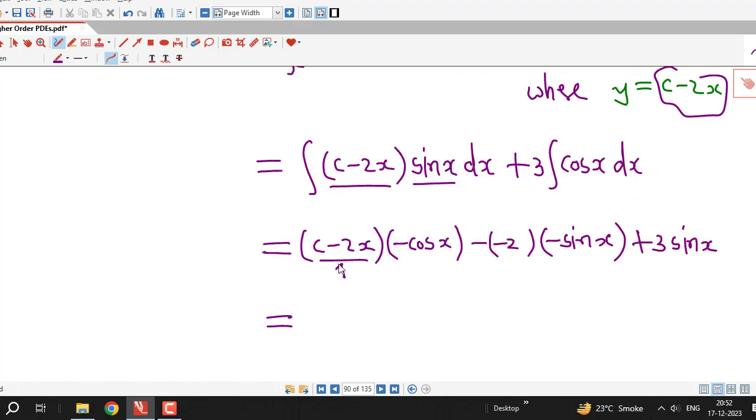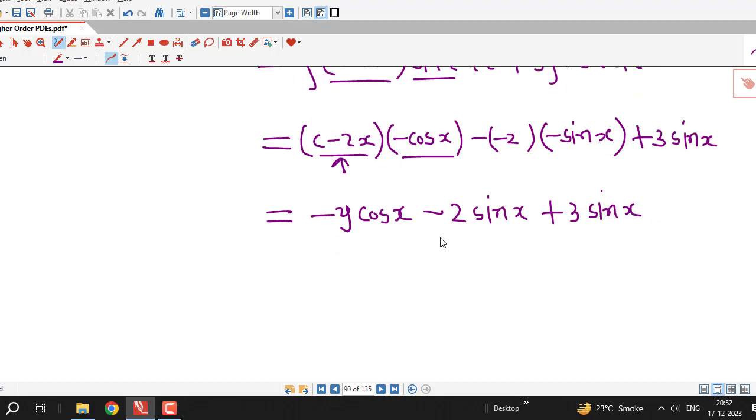So here I am writing c minus 2x equal to y, and we have a negative sign in the product, so we rewrite this as minus y cos x. Here I have the product of minus 1 three times, so I will have a minus sign here, minus 2 sin x plus 3 sin x. 3 sin x minus 2 sin x is nothing but sin x, and minus y cos x. This is the particular integral.